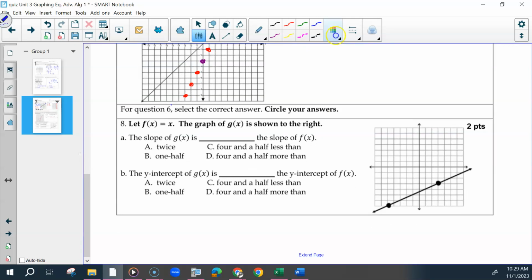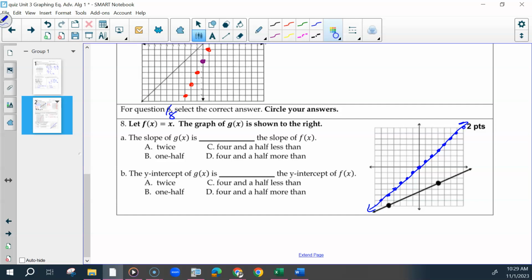This one, there was a typo. This was supposed to be 8. There was some confusion there, but some of you figured it out. This one is based on this graph. If you were comparing the original, which I'll draw, you're comparing the one that's already graphed to the original.